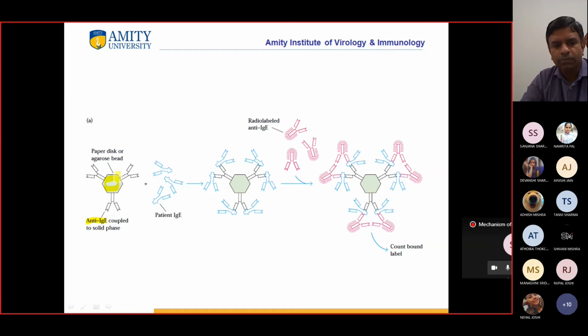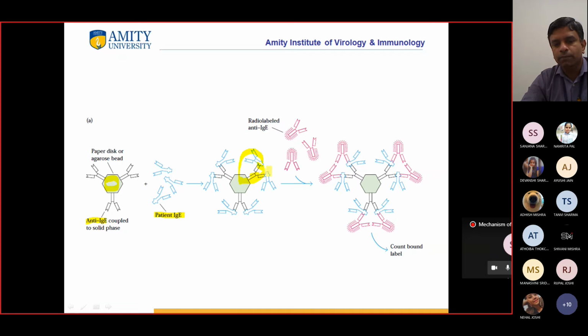Okay, so you have pasted anti-IgE on this bead, right? Now you add patient serum. Patient के serum में IgE होगा, right? So now you can see this is your bead, this is your anti-IgE, और जो भी patient के serum में IgE होगी वो bind कर जाएगी, right?